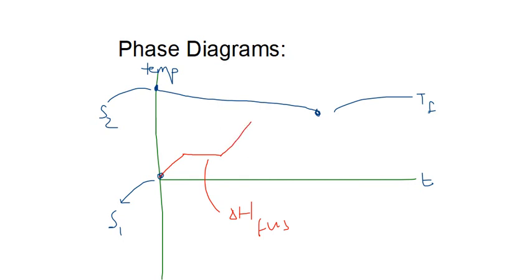Then it goes up. Say this is the boiling point. So it's going to be the molar enthalpy of vaporization, and it turns into a gas at the final temperature.